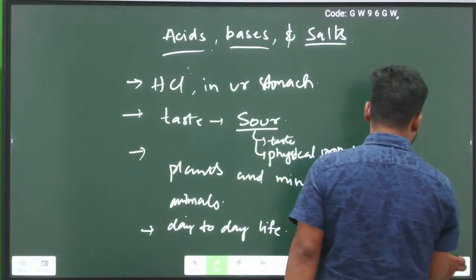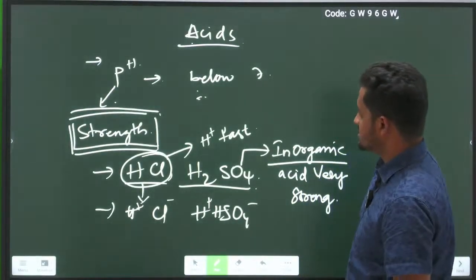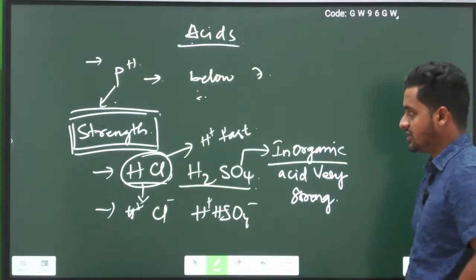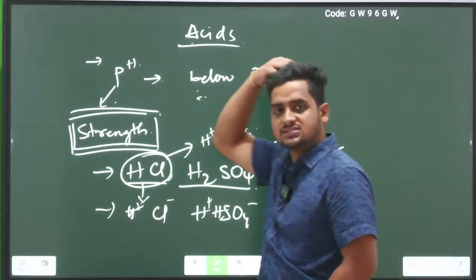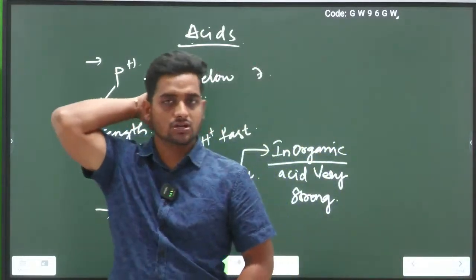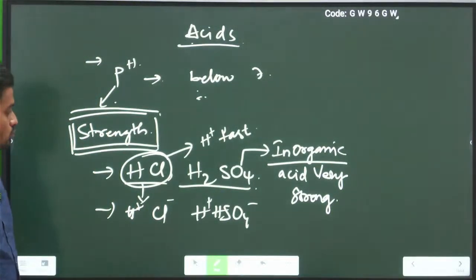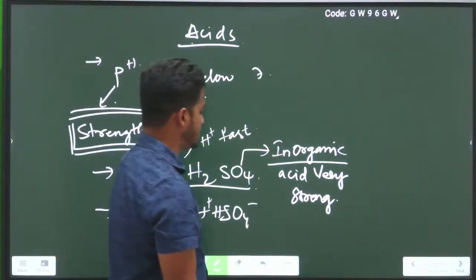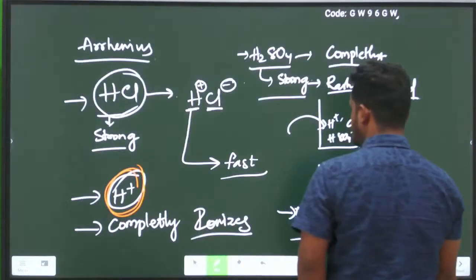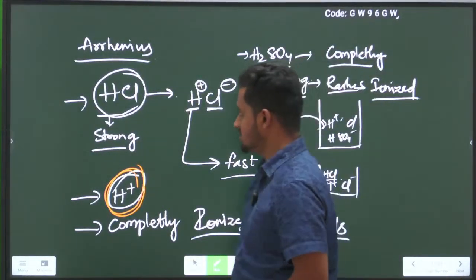Acids we can get from plants and minerals. Acids with a pH below 7, you can say strong acids. Strong acids are HCl and H2SO4. HCl is a very strong acid. Why is it very strong? I told you some theories, the Arrhenius theory and the Lewis theory.